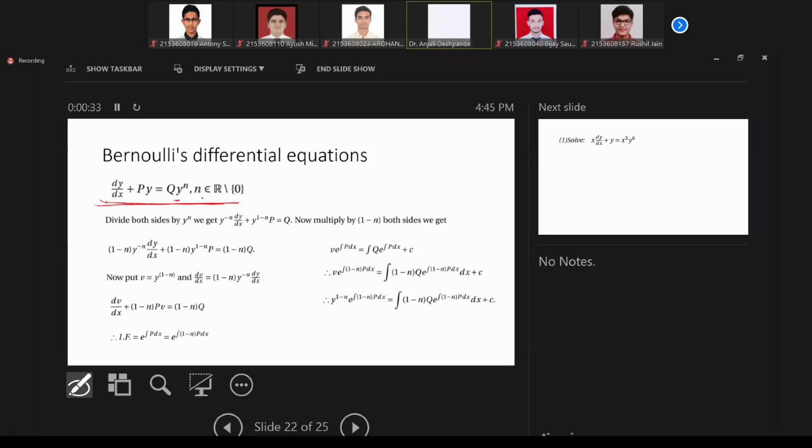Here n belongs to the set of real numbers, but its value is not equal to 0. That is, n belongs to real numbers excluding 0, because if n is 0, then again it will become the Leibniz equation only. So that much you have to just remember. It is not equal to 0, but it is a real number.